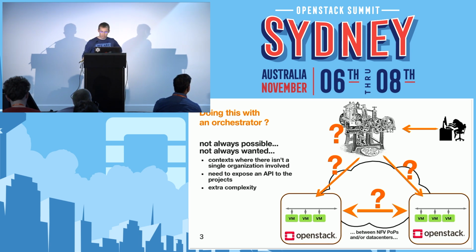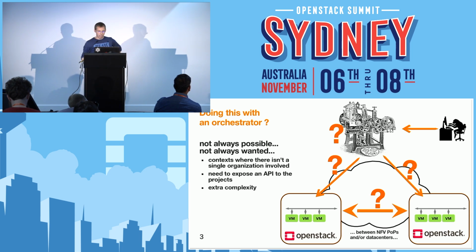The second aspect is, even if you have an orchestrator, to make these interconnections available on demand, you will need to have the orchestrator expose an API to users. It's not impossible to do, but for some orchestrators, it's not what they typically do today, how they are typically deployed today.